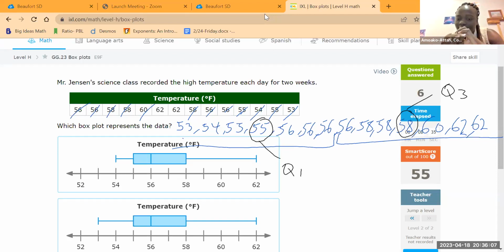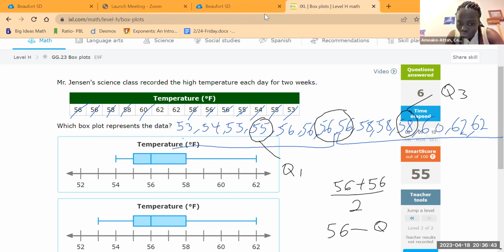So we get the two numbers that fall in the middle. The two numbers that fall in the middle are 56 and 56. So you find the mean of those two numbers. You add them together and divide by 2. And obviously, you're going to get 56. And this will give you Q2.